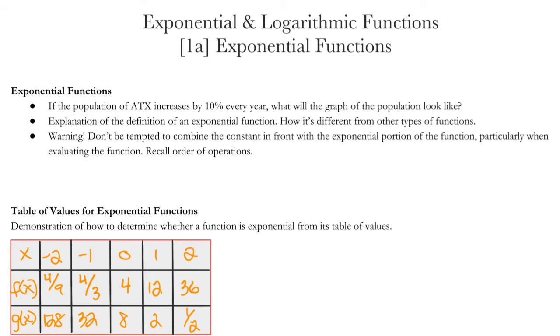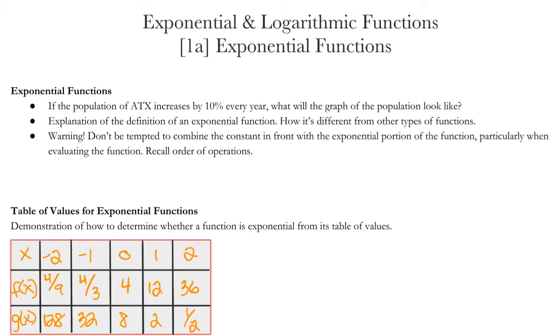We study exponential functions because they model a lot of different situations, like population. Think about this with me for a moment. If the population of Austin, Texas increases by 10% every year, what will the graph of the population look like? In order to visualize that, you might need to visualize a linear function first.